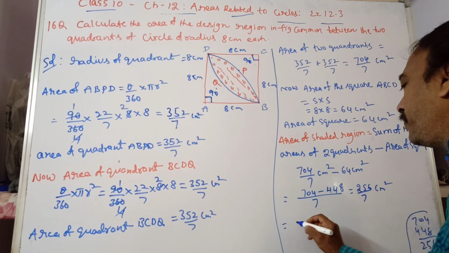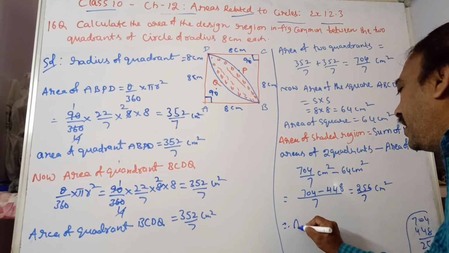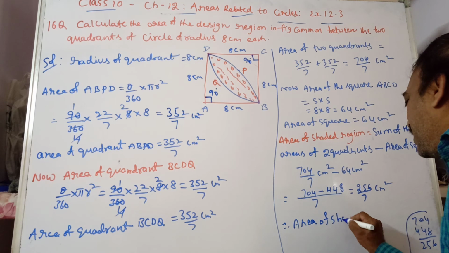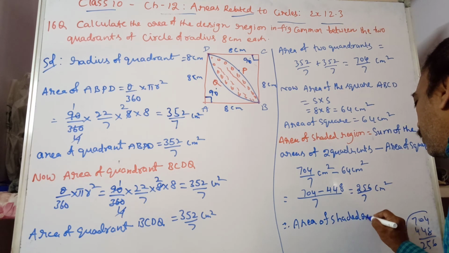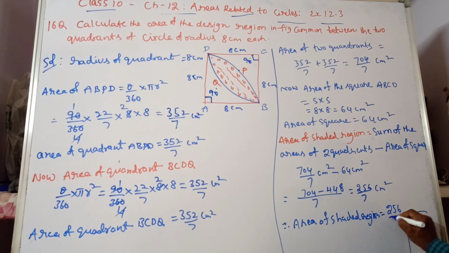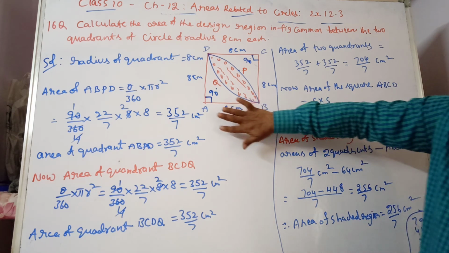So therefore area of shaded region is equals to 256 by 7 centimeter square. This is the rough one. This is the final answer. So first we found area of one quadrant.